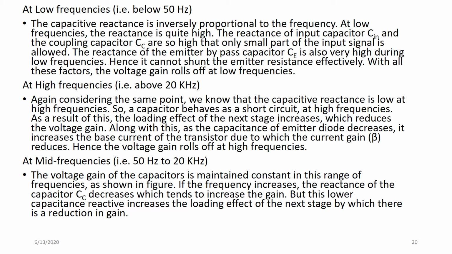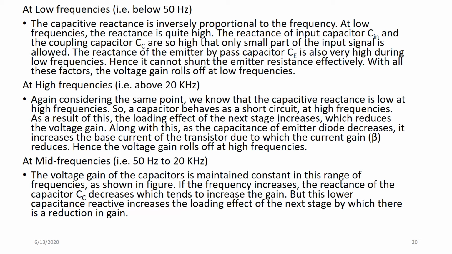For frequencies below 50 Hertz, capacitive reactance is inversely proportional to the frequency. At low frequency, reactance is quite high. The reactance of input capacitor Cin and the coupling capacitor Cc are so high that only a small part of the input signal is allowed.